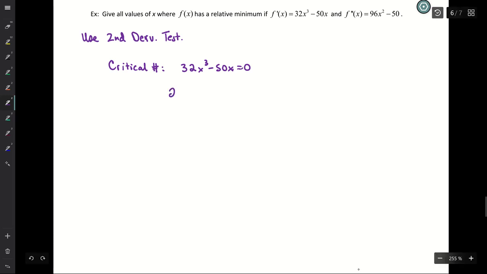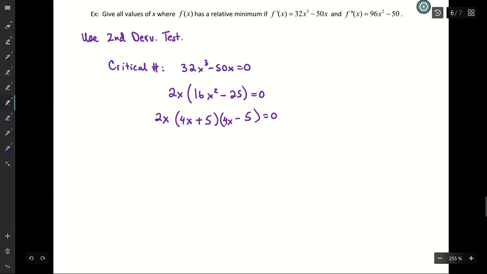So if we factor out a 2x, that leaves us with a 16x squared, and then minus a 25. And then that is now further factorable since it's a difference of squares. So we have a 2x, and then 2 binomials factored as difference of squares. So a 4x, and a 4x, and a 5, and a 5, one with a plus, one with a minus.